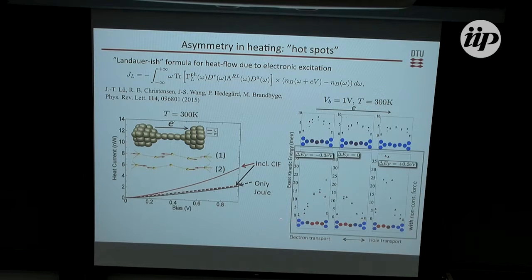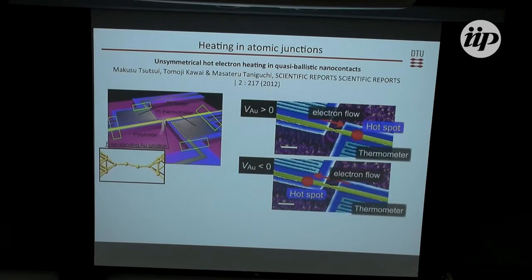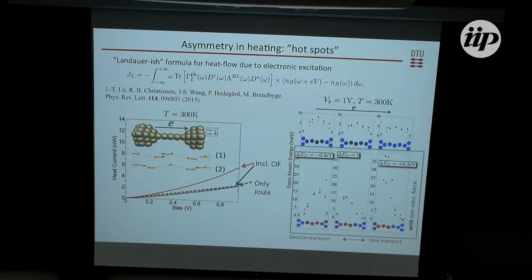What we see here is that in this case, I cannot see the red dot, I'm sorry. So you see that the heating, when we include the current-induced forces, is more on one side or the other side. Now that depends on the position of the Fermi energy.